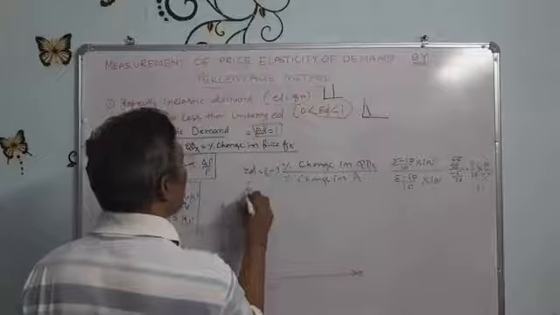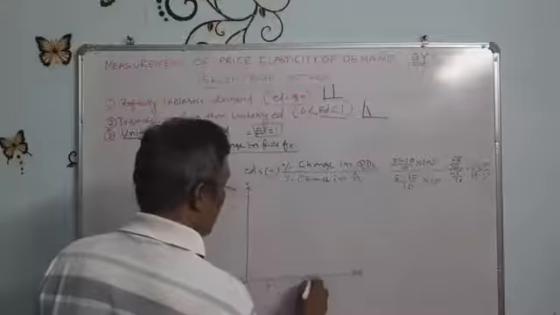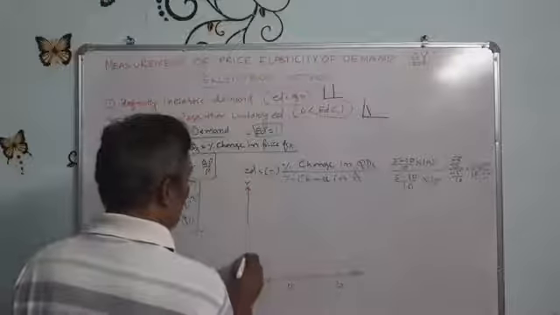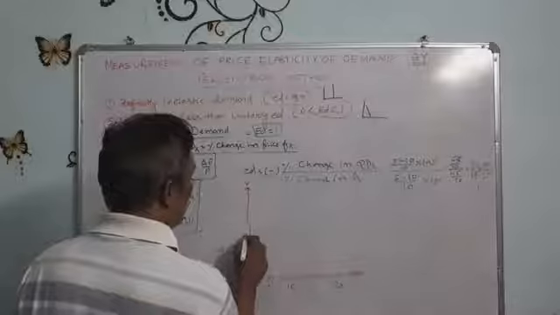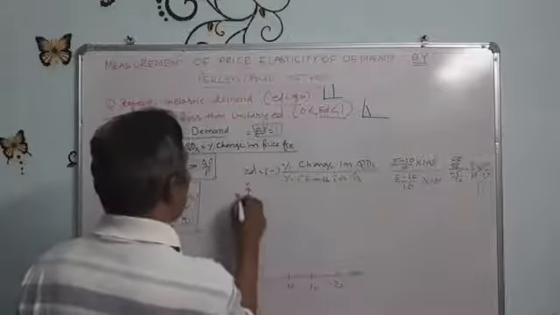On the OX and OY axes, these are 5, 10, 15, 20. Similarly, these are 5, 10, 15 and 20.